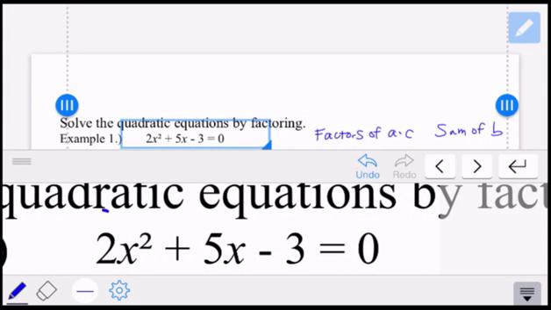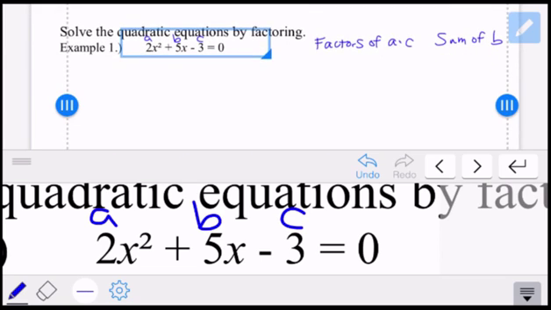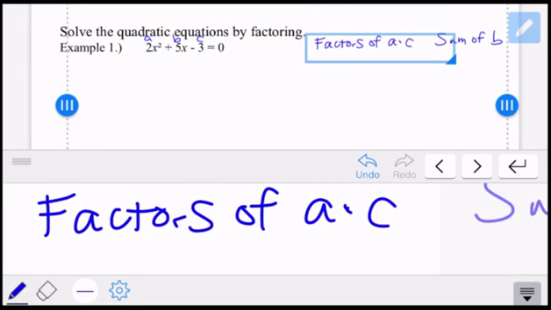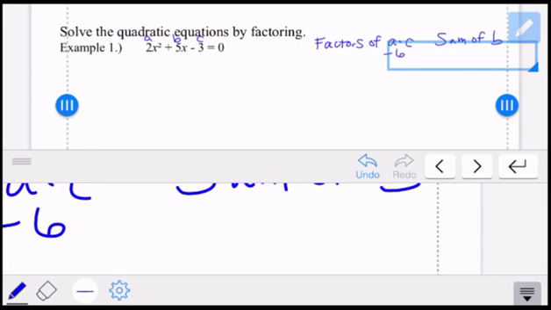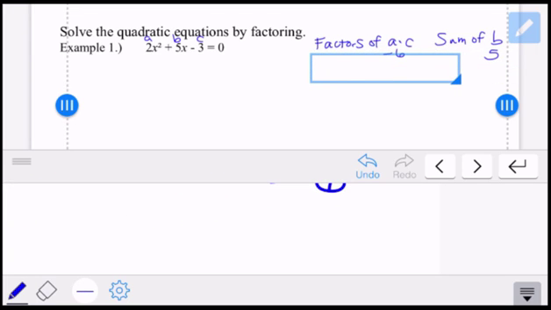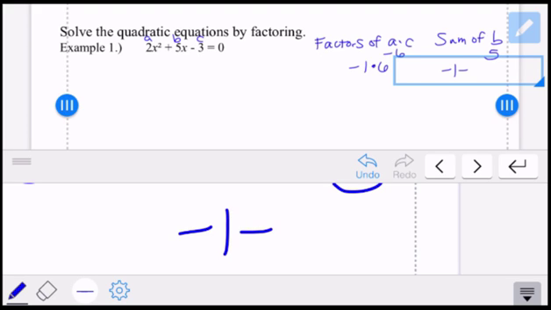And remember when we had our a and our b and our c, that's what we're talking about when we refer to a times c and sum of b. So we wanted factors of a negative 6 because we're doing a 2 times negative 3 for the a times c value. That got us a sum of 5. And we found that to be negative 1 and positive 6 because negative 1 plus 6 got us 5.